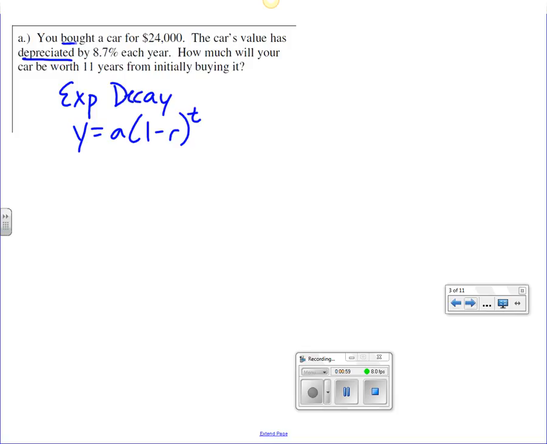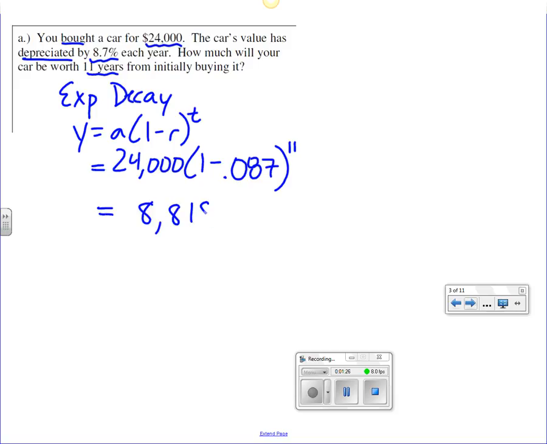You bought the car for $24,000, so a is the initial amount, which is $24,000. 1 minus your rate, which is 8.7%. You need to change that to a decimal, 0.087. And t is your time, and so it's been 11 years. You can just simply type that in your calculator, and you're going to get $8,818.40.